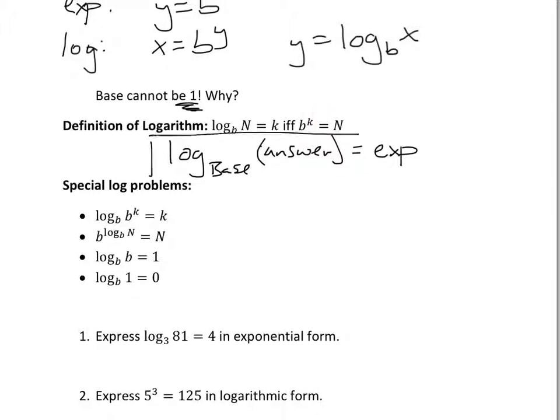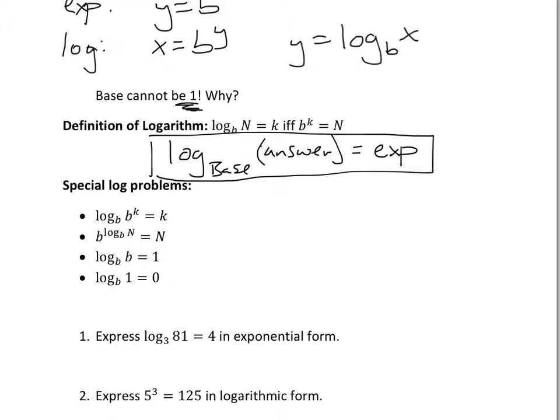I totally understand if you have no clue what I'm talking about right now. It's totally new. But thinking of it as log of the base, of the answer, equals the exponent will help you translate logarithmic functions that we don't know much about into exponential functions that we are more inclined to solve.